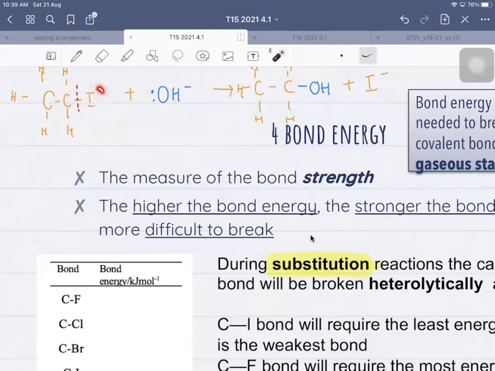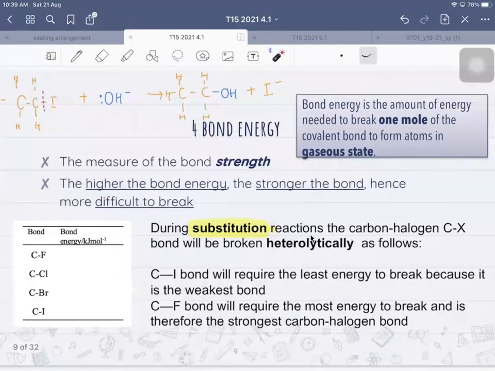If it's easier to break this bond, the reaction happens fast. If it was fluorine, the carbon-fluorine bond is very, very strong, so it will be difficult, or maybe not even possible, to break that bond. So the strength of the carbon-halogen bond determines whether the reaction happens fast or slow.